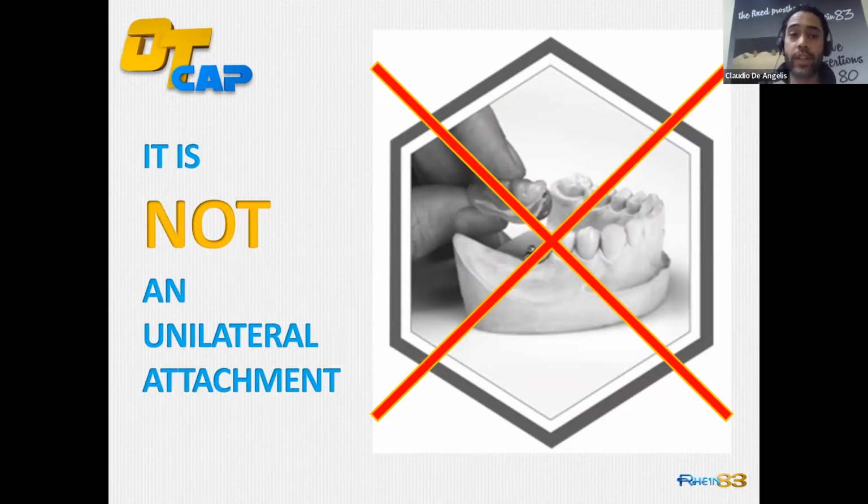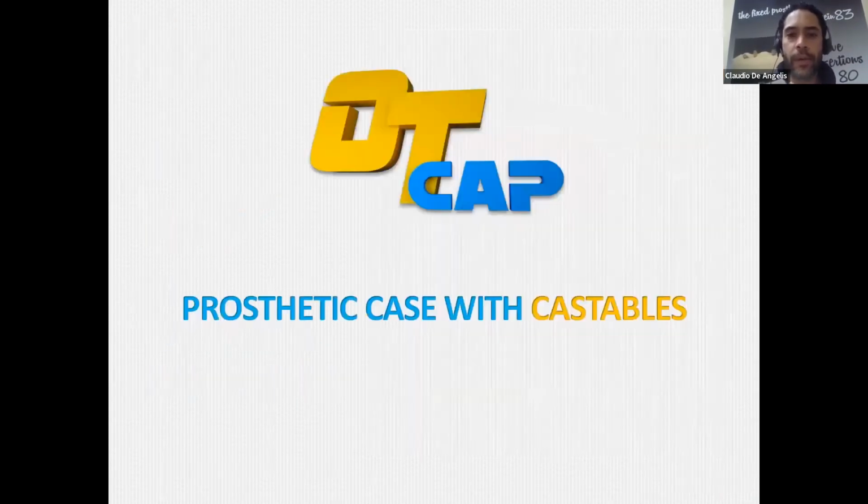We have OT unilateral, which is a unilateral attachment, and we will see it in a few minutes. The only thing I want you to remember is that Otica is not a unilateral attachment. It does not have the proper design to be used as a unilateral attachment. We have a unilateral attachment, which is called, of course, OT unilateral. Let's go into the Otica.